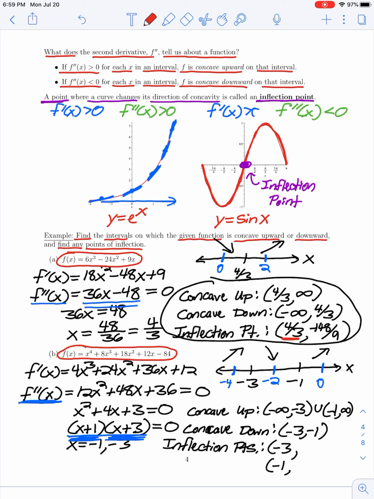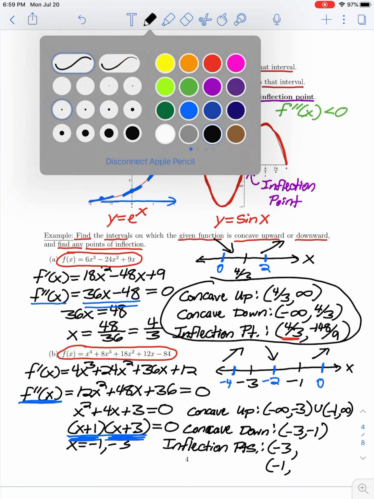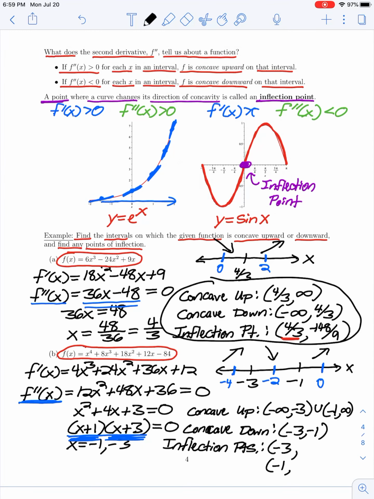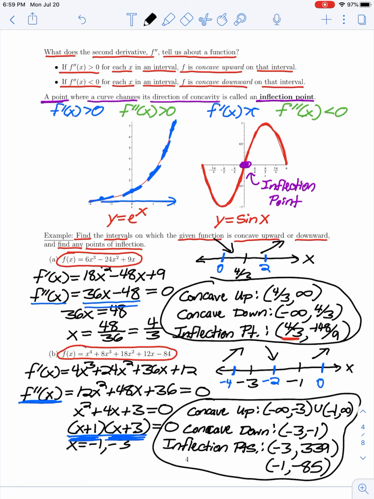If we take -3 and substitute into this function, we find a value of 339 for the y coordinate. And if we substitute -1 into this function, we have -85. So this would be our results for part B.